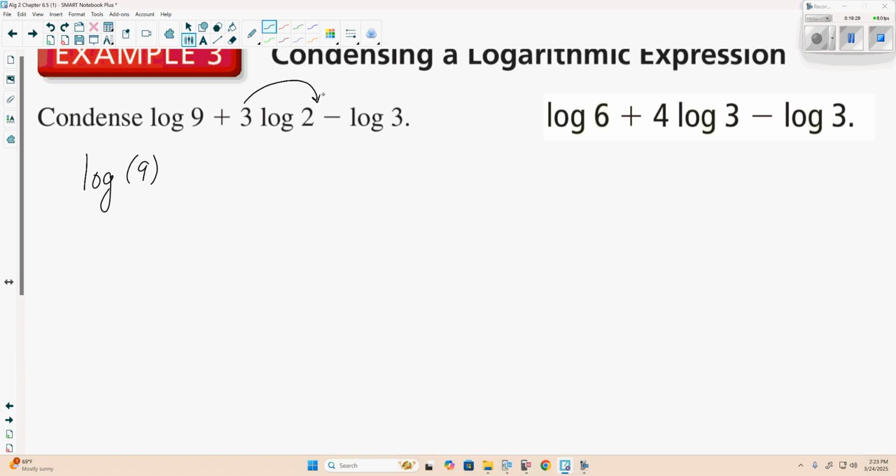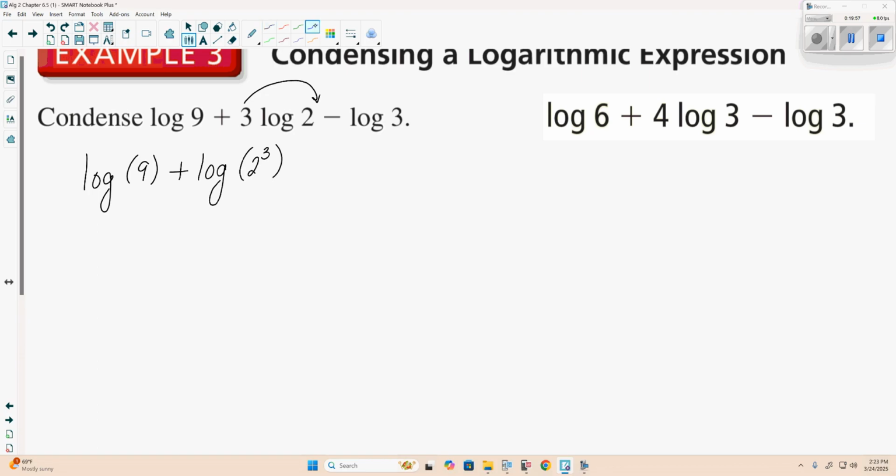In the middle, we'll pull the positive 3 up, put it back to an exponent, telling us that the middle one is log of 2 to the third. So we're going in reverse. Our power property said that if we have an exponent inside the log, we can move it to the front. We can also take that number in front and move it back to being an exponent.